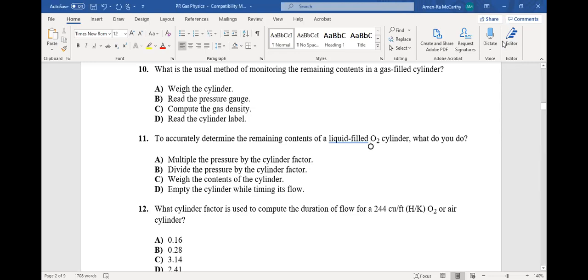And number 12. Who else in there? Miss Tabor, I know your audio is not working, so you can put it in the chat. Number 12, the cylinder factor used to compute duration of flow for an H cylinder. So if I want to know how long an H cylinder lasts, what is the cylinder factor for an H cylinder, Ms. Tabor?